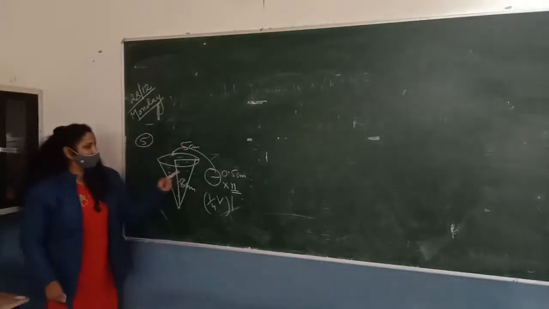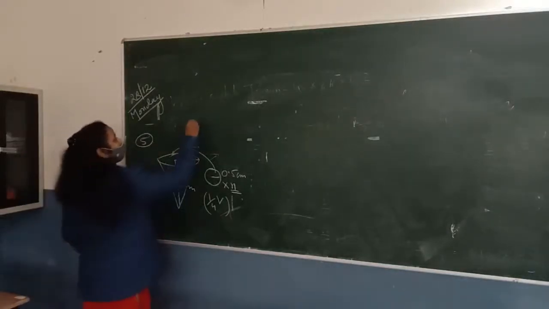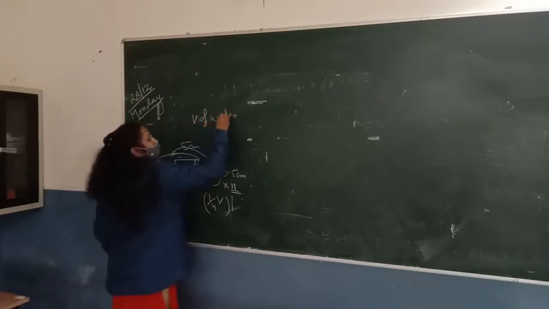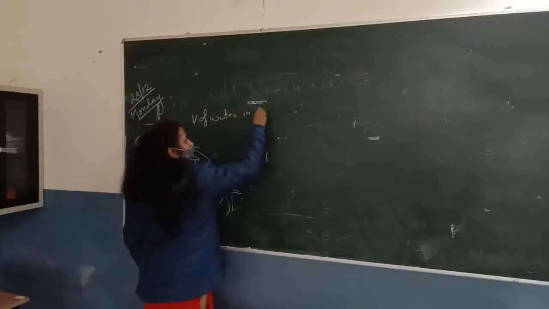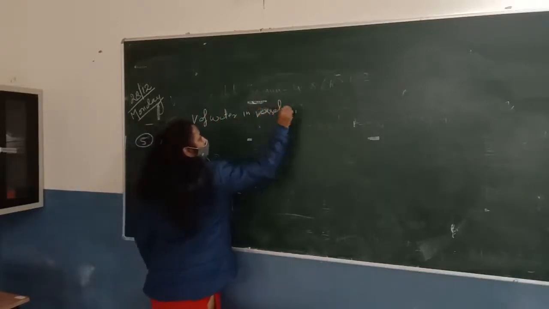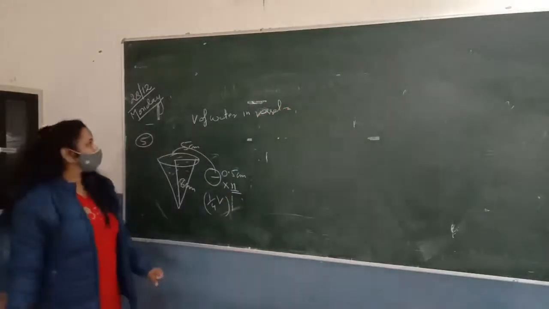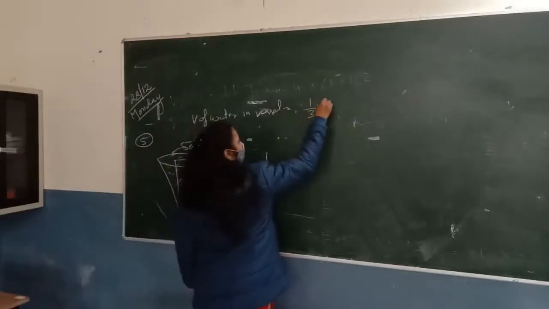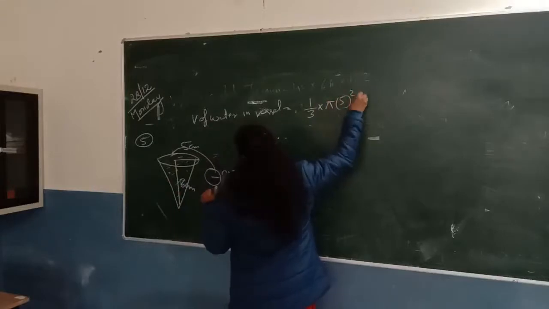Now the volume of this water filled in the vessel. I am writing the volume of water in vessel. Okay, what is the volume? Volume of cone equal to 1/3 pi r square into h.